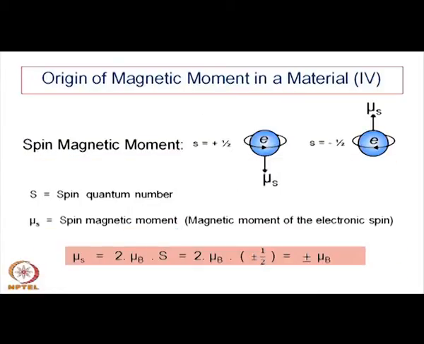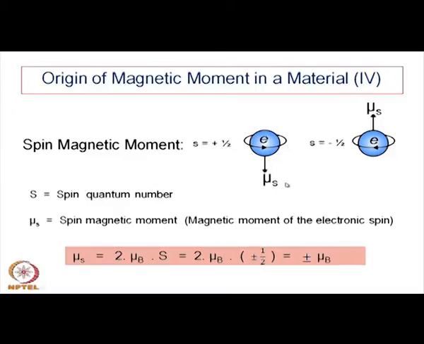There is one more origin of magnetic moment inside an atom. Atoms have two different origins of magnetic moment from within. One we have discussed already, the orbital magnetic moment; the other one is the spin magnetic moment. The spin S equals plus half or minus half, that is the spin of any electron.